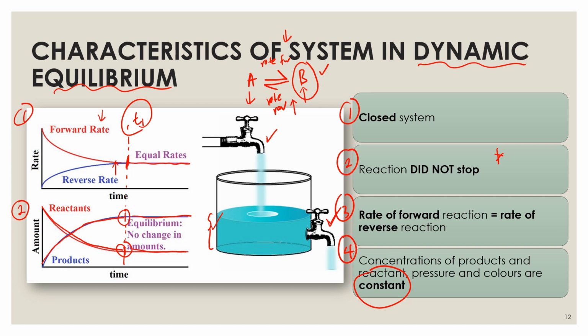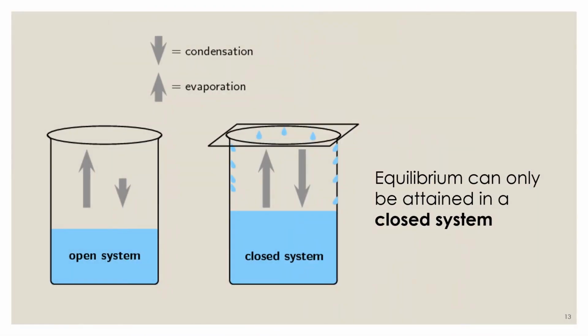So ini menunjukkan bahawa in the sistem yang telah pun mencapai dynamic equilibrium, produk akan masih dihasilkan dan reactants akan masih diguna pakai, tetapi perubahan mereka adalah constant. Condensation dan juga evaporation adalah another example of reversible reaction, and the equilibrium between these two can only be attained in a closed system.